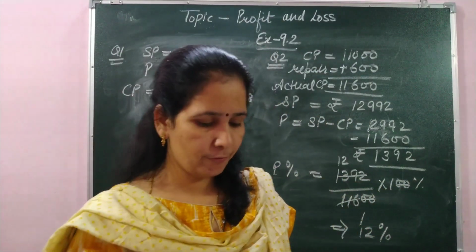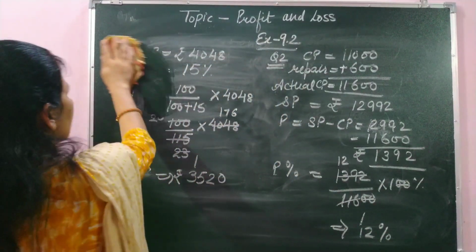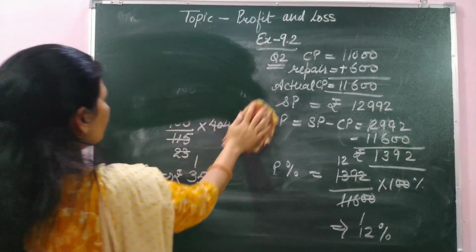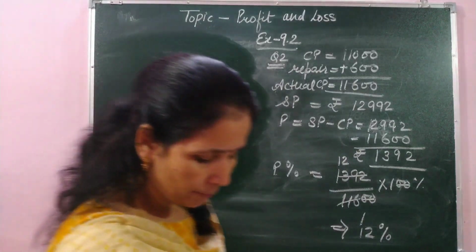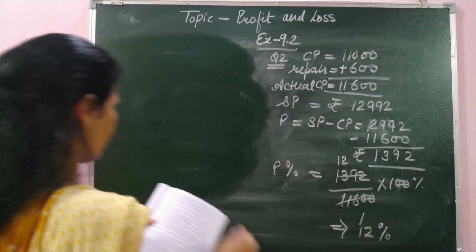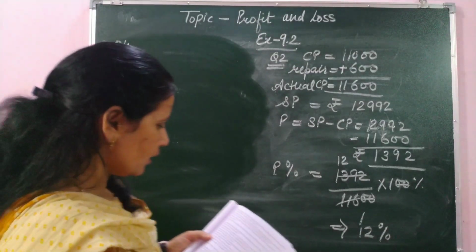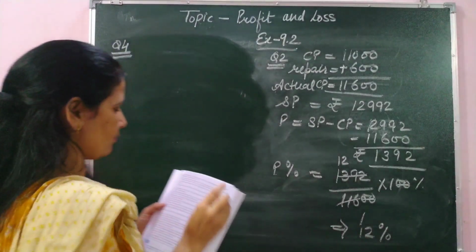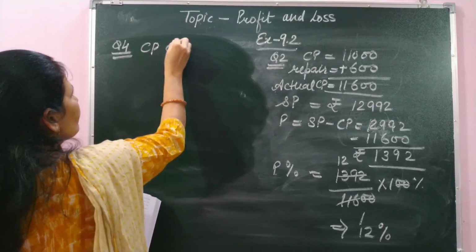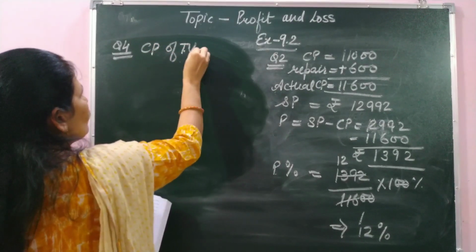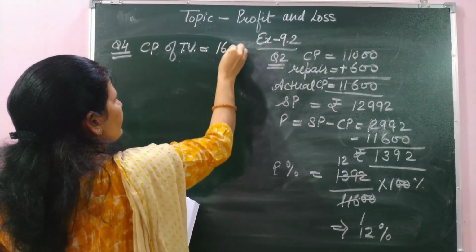Now question number 4. Question number 4 is a little similar to questions 2 and 3, but at the end, instead of asking for profit, they have given us the profit. So how do we solve this question? In question number 4, Mary bought a television. So we write the cost price of the TV, which is rupees 16,000.